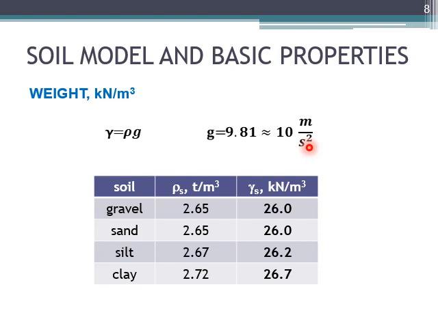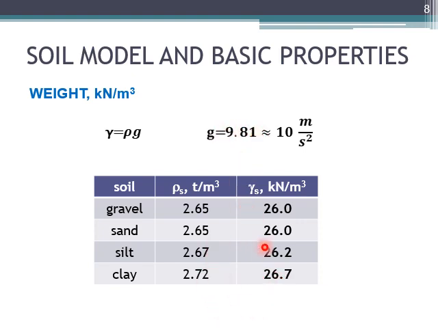For engineering purposes, we can assume that it equals 10 meters over second squared, which means that if you are talking about the solid weight, then you would multiply the solid density by 10 and you shall get the solid weight. Okay. Here I think in this table the value 9.81 was used.